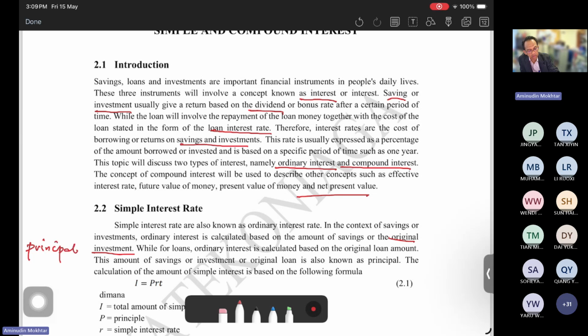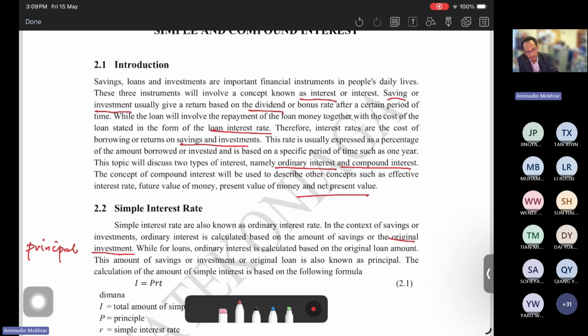The interest rate is calculated based on the principal value. And then for loan, for example, the interest rate is calculated based on the original loan amount. The original loan, original saving, original amount of investment, we can combine all these terms as the principal.